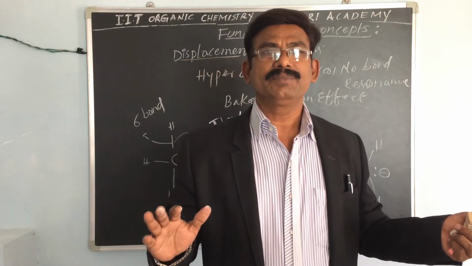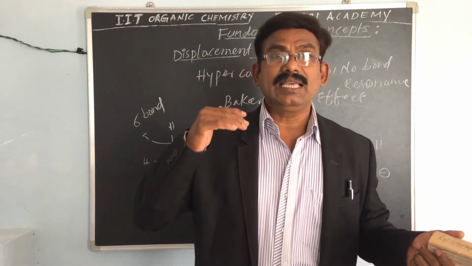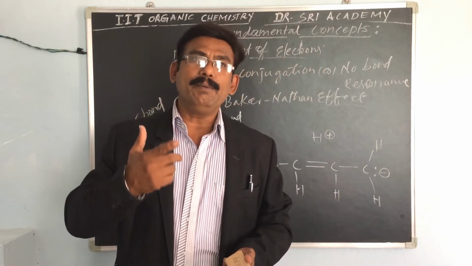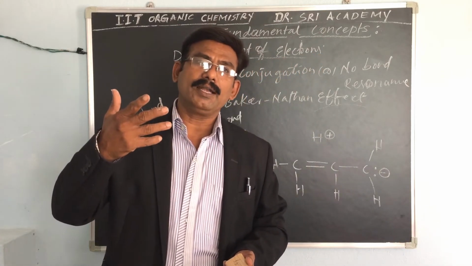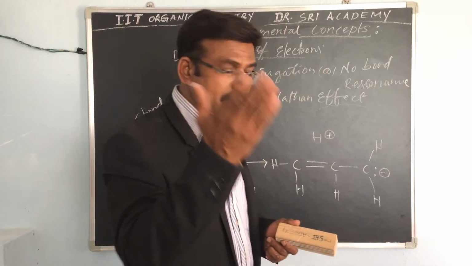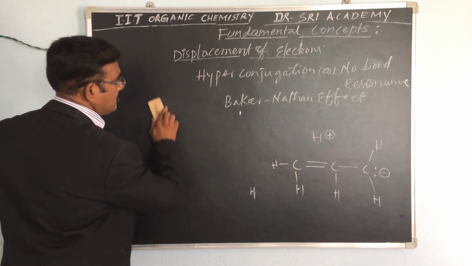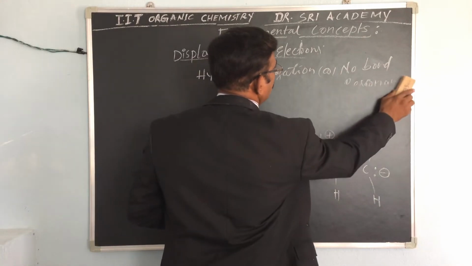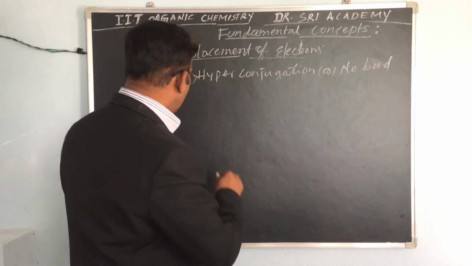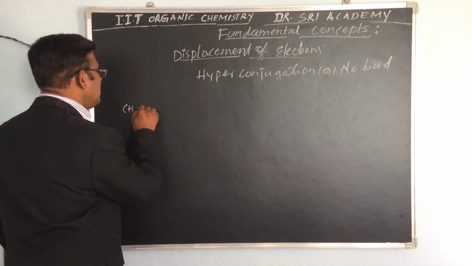The stability of alkenes increases with increase in the number of methyl groups on the double bond. For example, I will write here. Please note down everything. We have to write the increasing order.